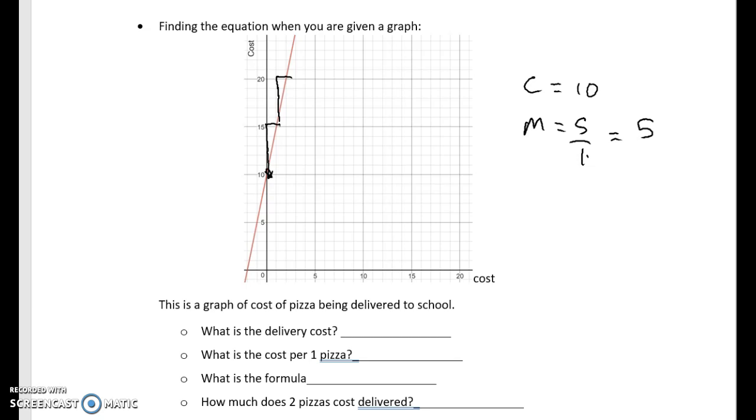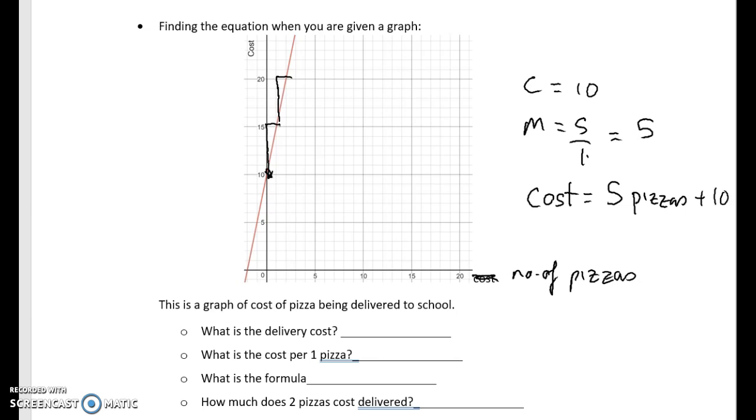So I've got the equation cost equals 5 times, sorry, that shouldn't say cost, that's number of pizzas. 5 times the number of pizzas, plus my c, which is 10.